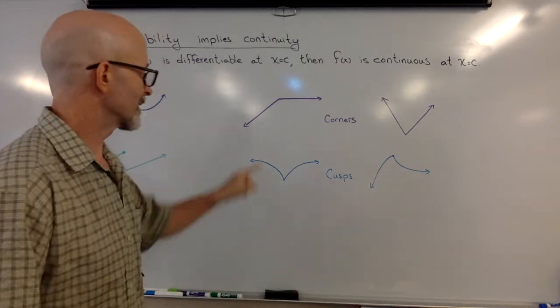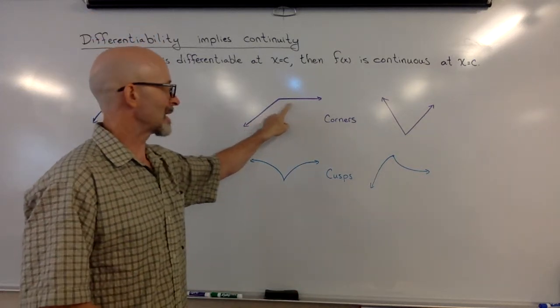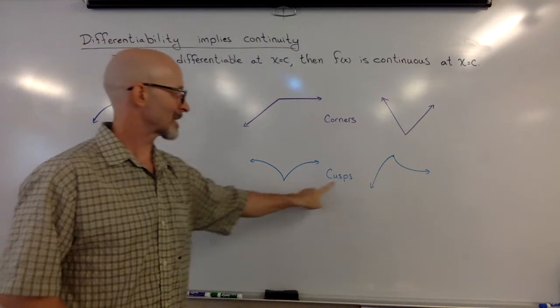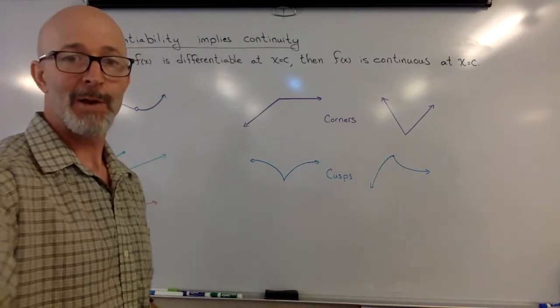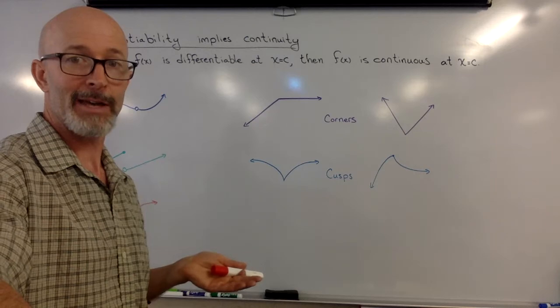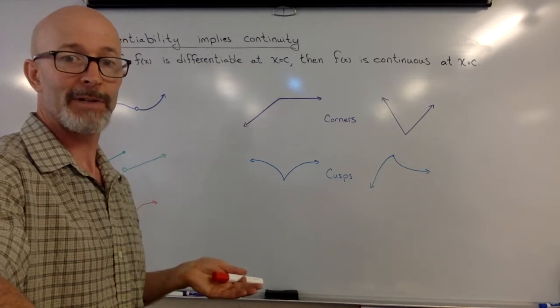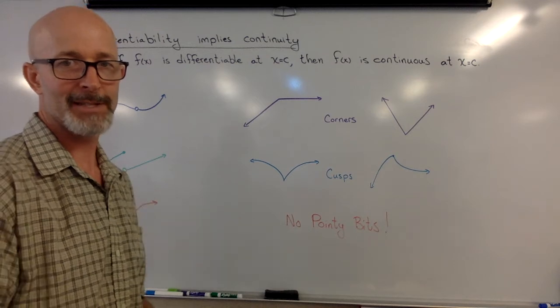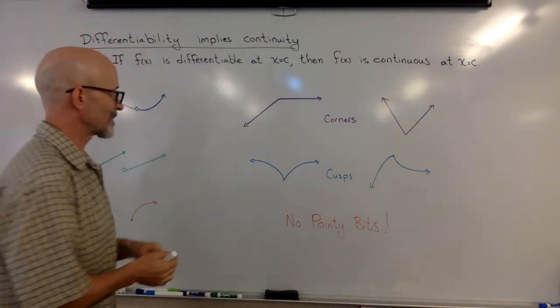Just for the terminology, to remind you, you got a couple lines coming together, those are called corners. You have a couple curves coming together, those are called cusps. But the overlying idea here is you will not find a derivative at the pointy bits. No derivatives on the pointy bits. And by the way, these aren't just like limits.